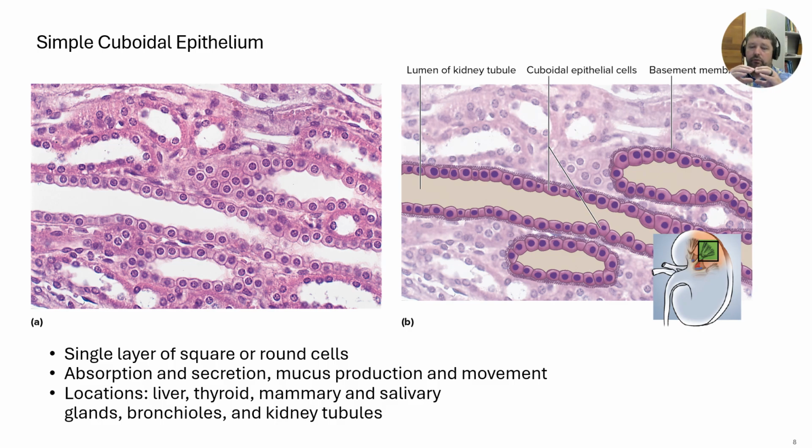So it might take a little bit longer for material to transfer, but it provides maybe a little more protection because the cell is a little more plump and has a little more cytoplasm in it than in the squamous cells. Liver, thyroid, lots of places where these occur also.